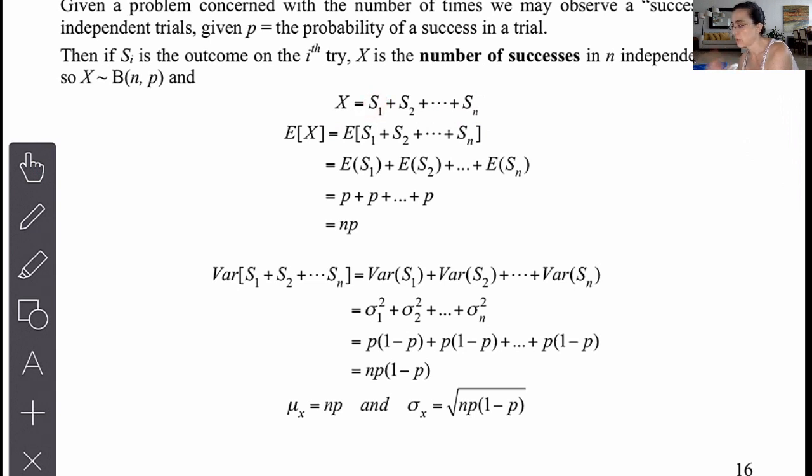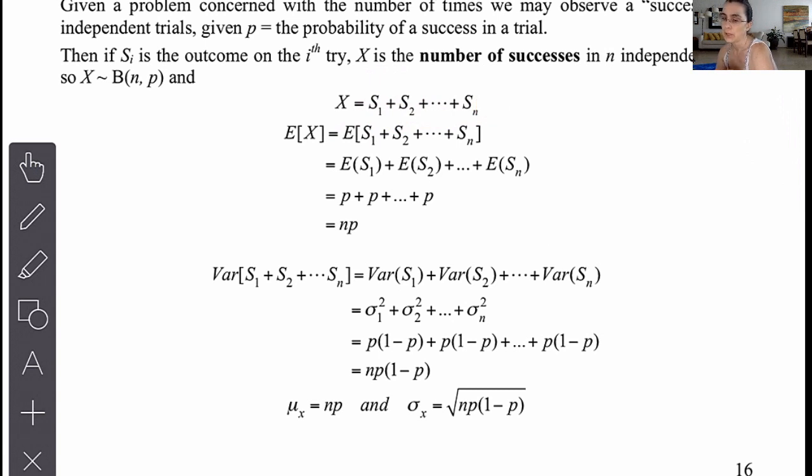And S2 will denote the outcome on the second try, etc., all the way to Sn, which will denote the outcome on the nth try. Right? So x is my new variable created from n other variables that are all identical.